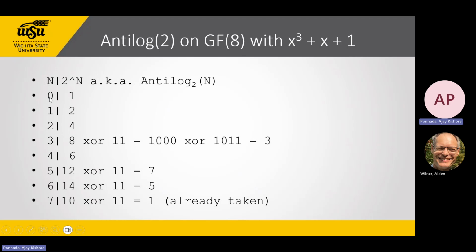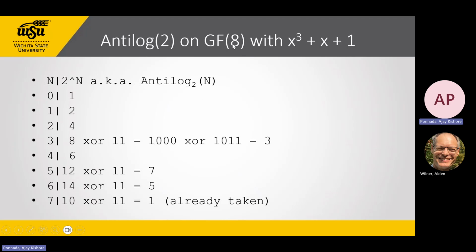So for 0, we have 1. For 1, 2 power 1 is 2. Again 2 power 2 is 4. Again 2 power 3 is 8. Now it's 8, so we're XORing it with 11 because it's Galois field 8.